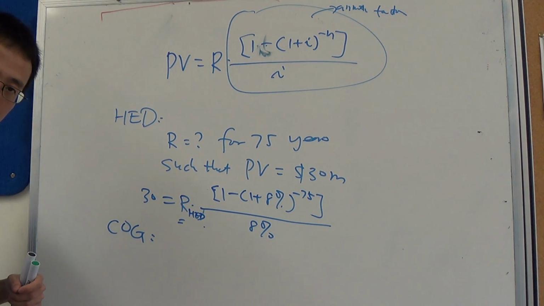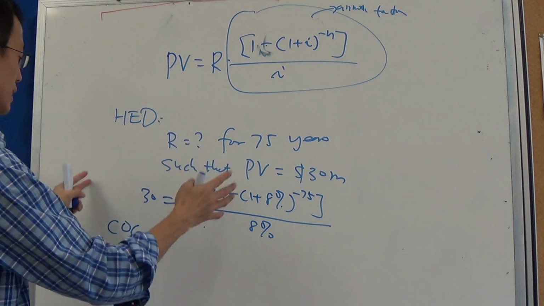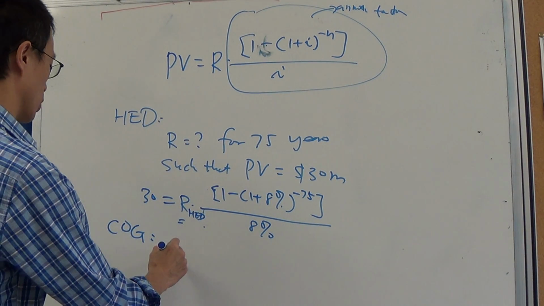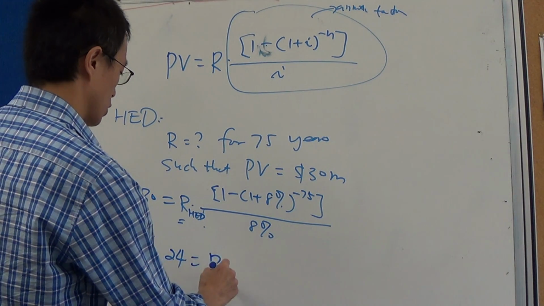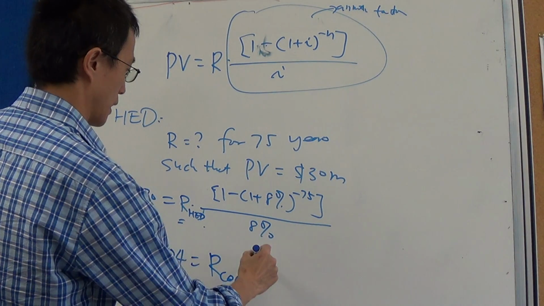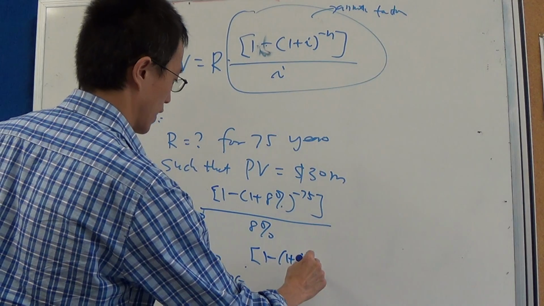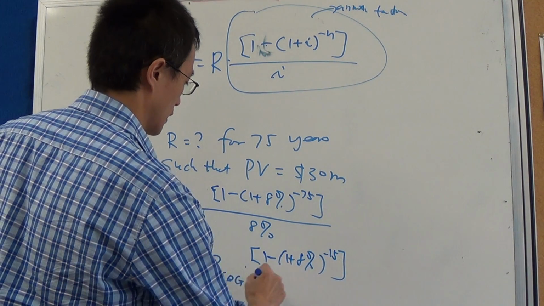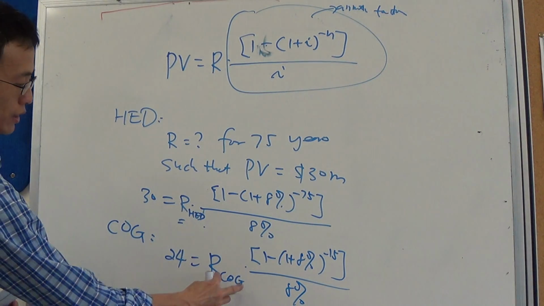What is the annuity that occurs for 15 years that's equivalent to this cogeneration project? This cogeneration project is 24 million. So it should be R equals 24 million divided by this annuity factor. Okay, we can figure out what R is.